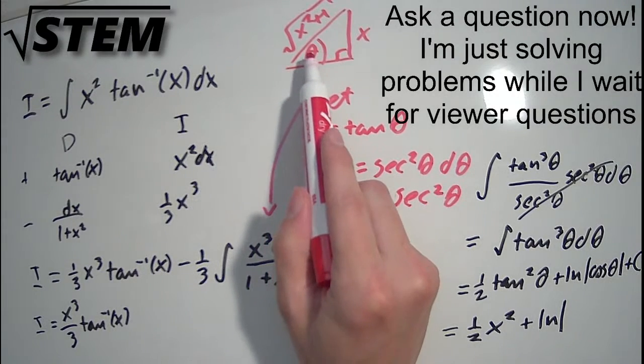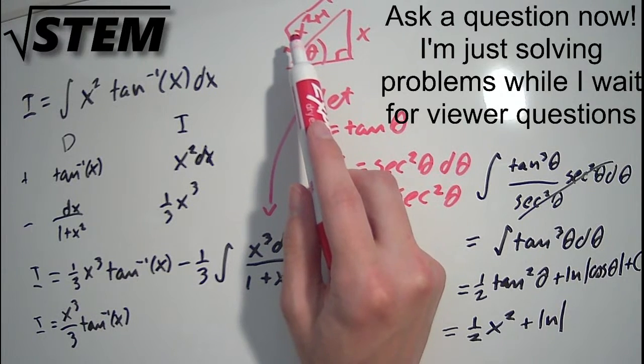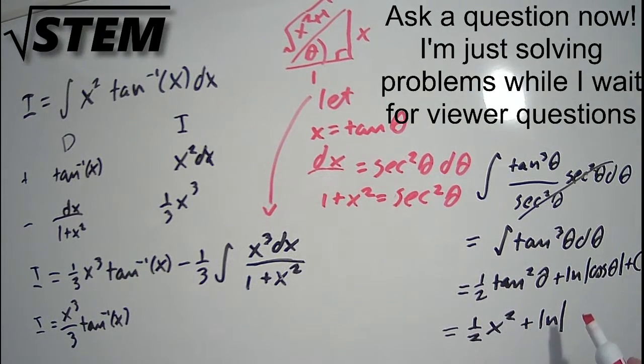So cosine of theta would be adjacent over hypotenuse. So this would be 1 over the square root of x squared plus 1, or x squared plus 1 to the negative 1/2 power. But with the natural log, we can bring that negative 1/2 out front and have x squared plus 1 inside. Yeah, that should be right.